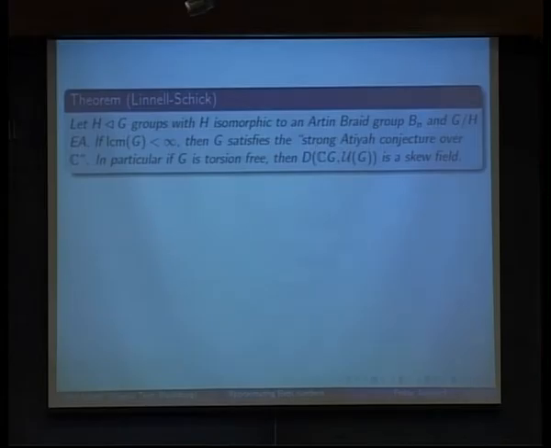And you do that by proving the Atiyah conjecture over the algebraic integers for all powers of G.